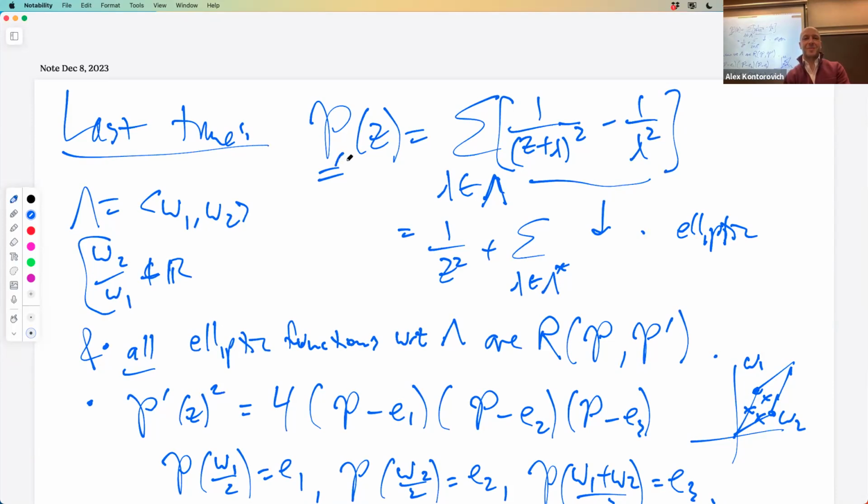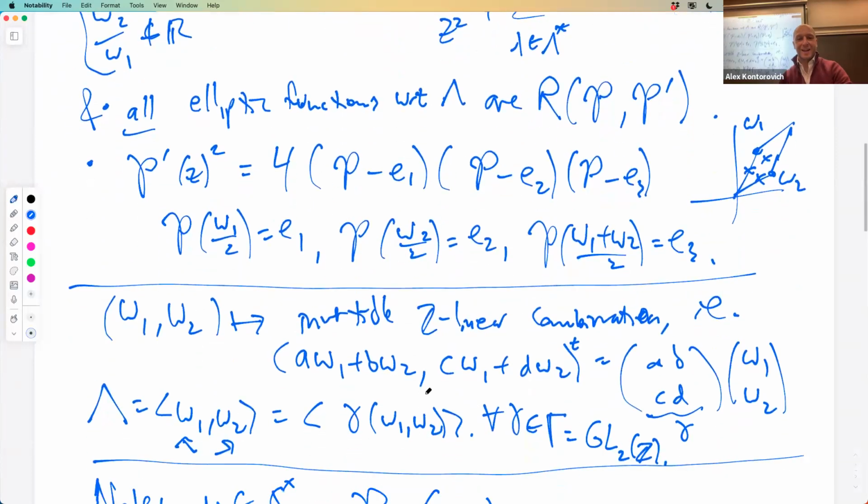So implicitly, there's a lambda here. If I change lambda by multiplying every element in the lattice by U, and I multiply Z also by that same U, then a factor of 1 over U squared comes out. Exactly.